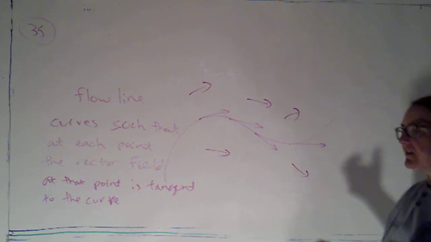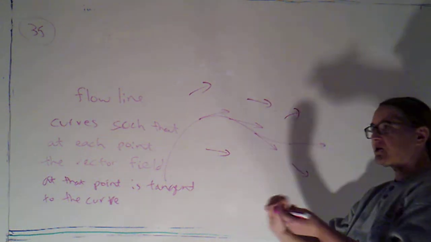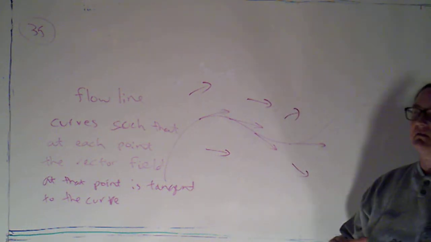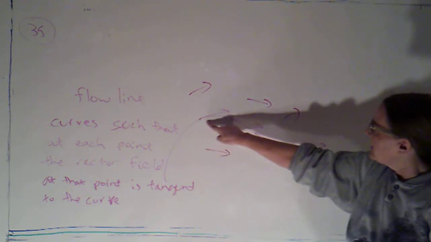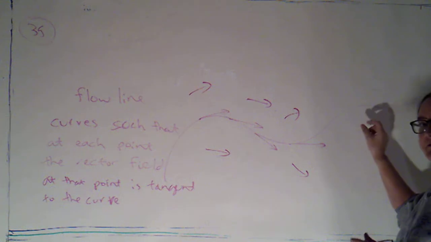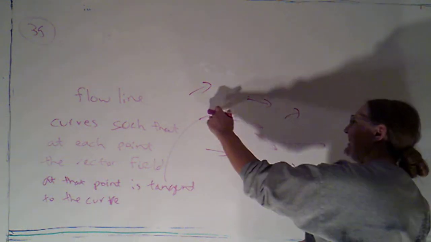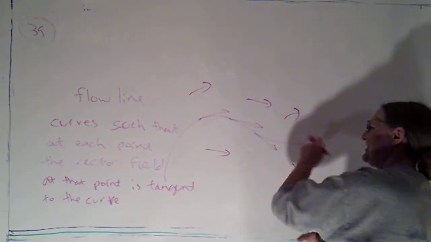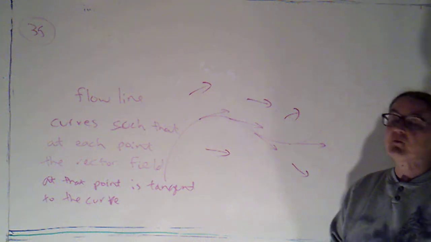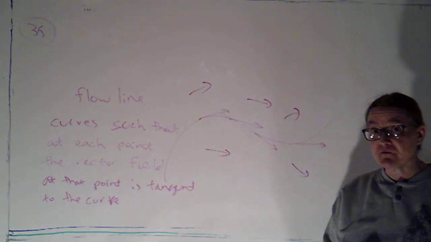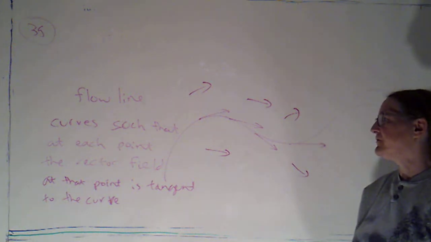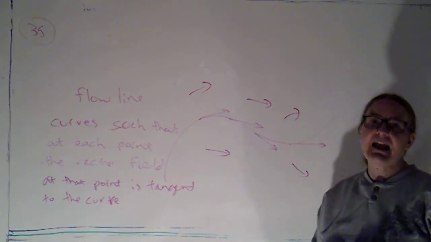With electric fields, electricity is causing electrons to move. They're flowing, kind of slowly, but they're flowing, okay? And they're not traveling along the path of the flow lines. They're accelerating in the direction of these vectors at every point. We call them flow lines regardless. Definition is just that they are the curves so that the vectors in my vector field are tangent to the curve at every point.